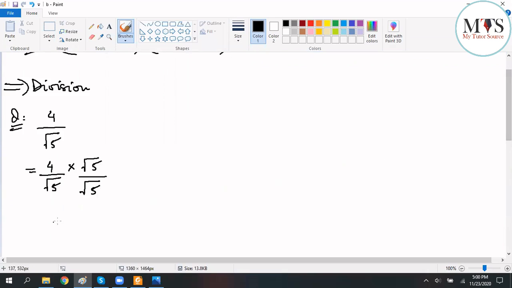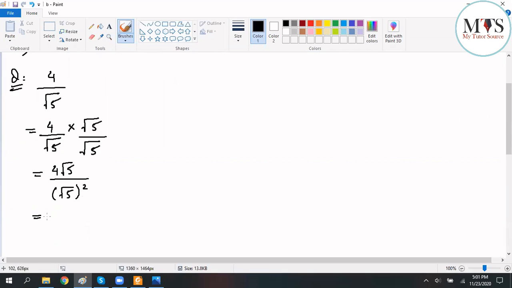So this will become 4 root 5 over root 5 whole squared, which then becomes 4 root 5 over 5. So this is your rationalized form of 4 over root 5. Basically, the goal is to bring the root in the numerator instead of the denominator. Do you get it? Okay.